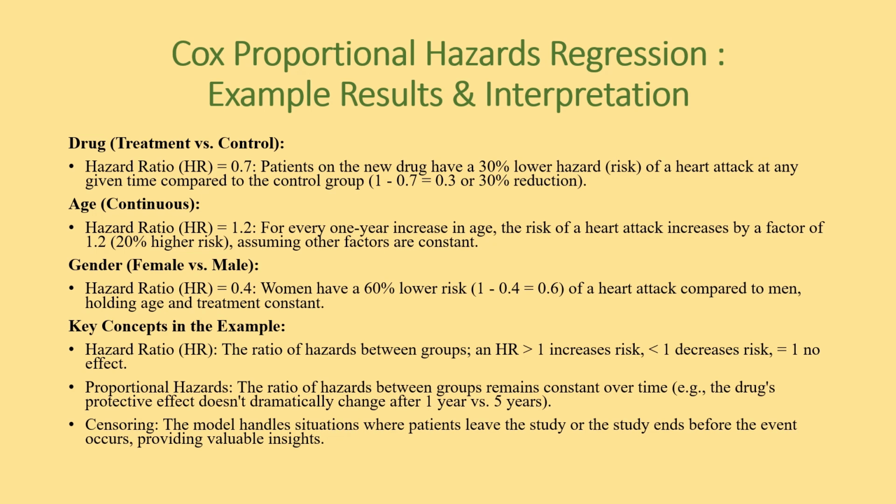The drug's protective effect does not dramatically change after 1 year or 5 years. Censoring: the model handles situations when patients leave the study or the study ends before the event occurs, providing valuable insights.